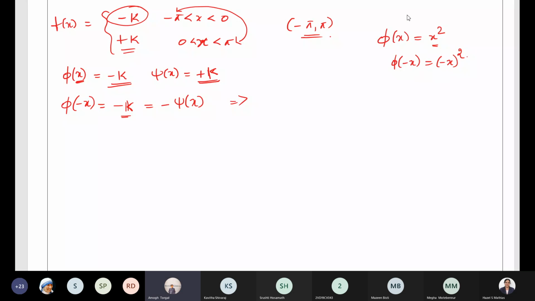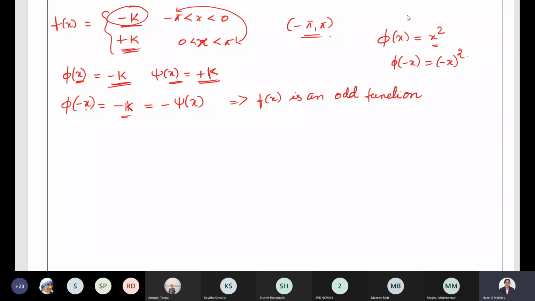F of x is an odd function. Anybody has any doubt in this? See, all these things I have explained in the previous class. Suppose if you have a discontinuous function, take the first one as phi of x, take the second one as xi of x. Then to check the odd and even nature, you have to replace x by minus x. But this is a term which is independent of x.